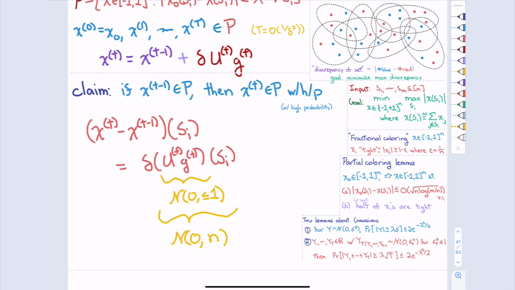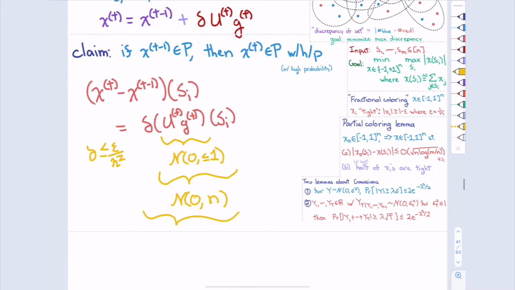So if I made delta at most epsilon over n squared or something, we can control the step size. It'll make the algorithm slower because we take more steps, but who cares? It's polynomial. Okay? The whole thing is going to look like a Gaussian with variance at most epsilon over n. Now our buffer was size epsilon.